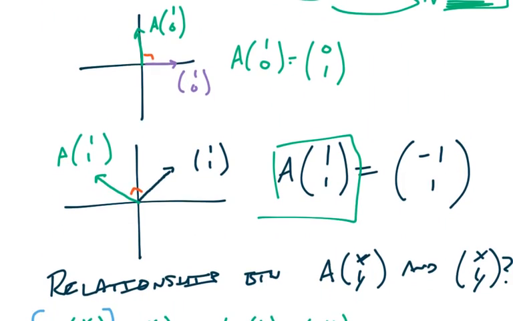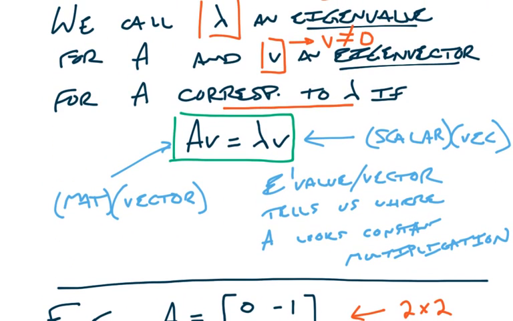Are there any vectors that A is just going to change the length of, but keep the direction the same? That's really the crucial part about the eigenvalue, eigenvector relationship. You're just rescaling the vector by multiplying by A. You're not changing its direction.